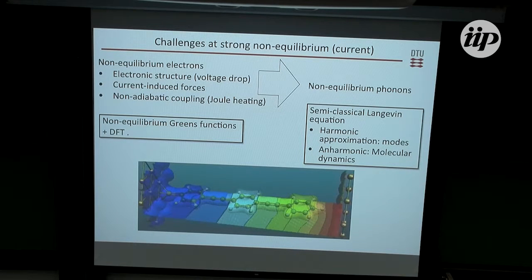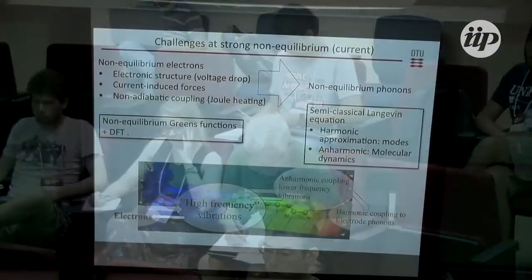So if we look at a concrete system like a molecular conductor and we pass a current there, to describe this even in steady state is tricky. The electrons will pump the high frequency vibrations, and these vibrations will then distribute their energy via anharmonic coupling to low energy vibrations.